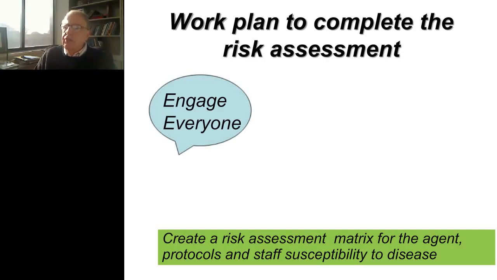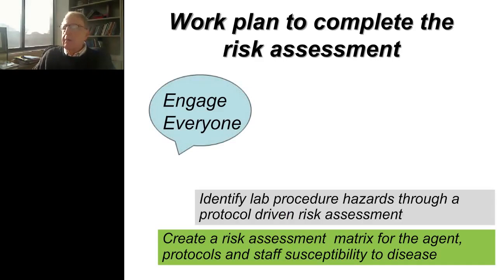So you create a risk assessment matrix for the agent, the protocol, and staff susceptibility to disease. So I'll show you some examples of matrices that you can use to look at your risk assessment in the process. Then you identify the lab procedure hazards through a protocol-driven risk assessment.